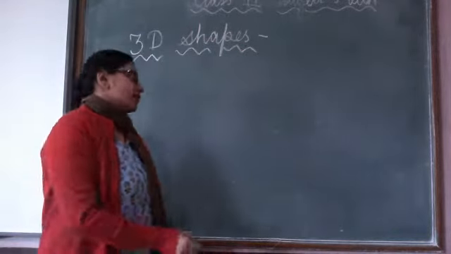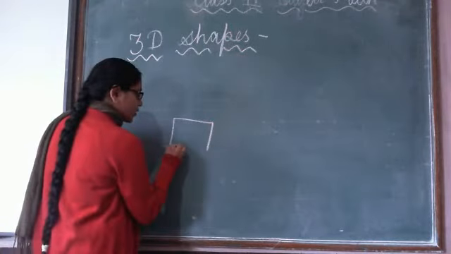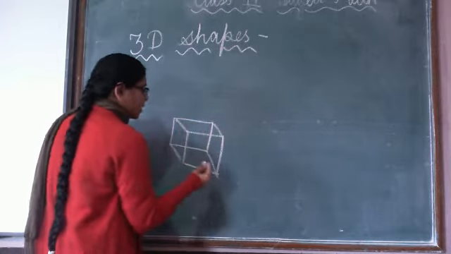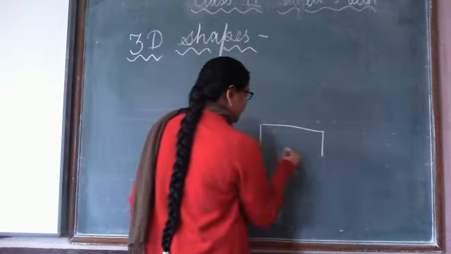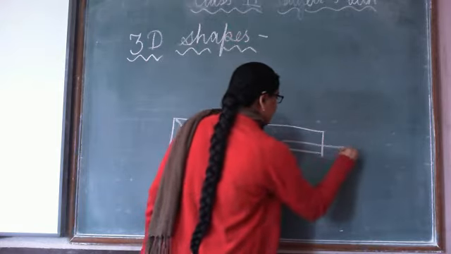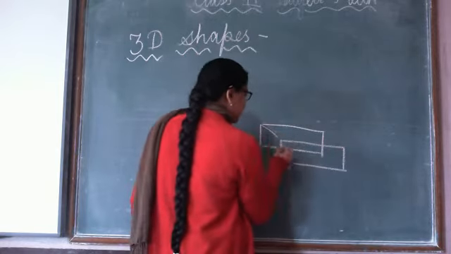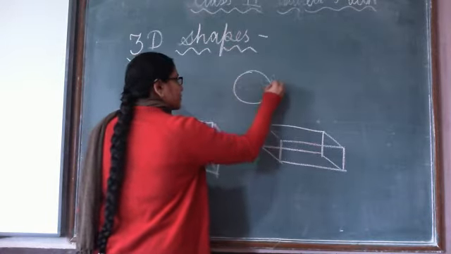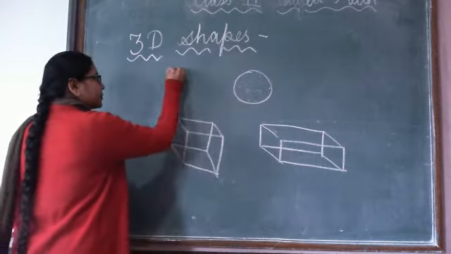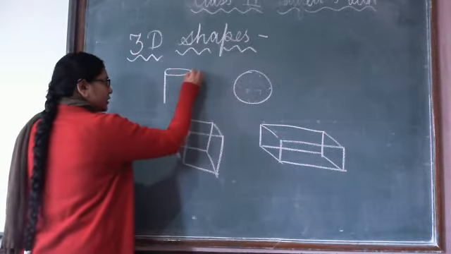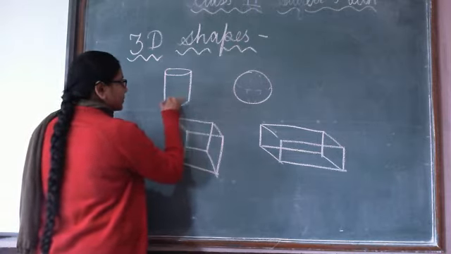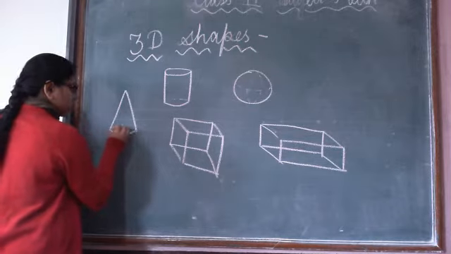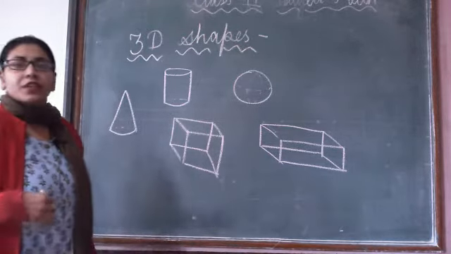Cube. This is cube. Cuboid, then sphere, cylinder, then cone. These are the examples of 3D shapes.